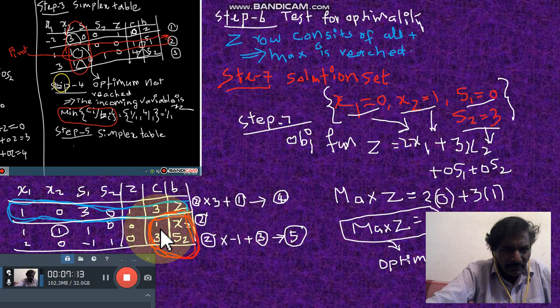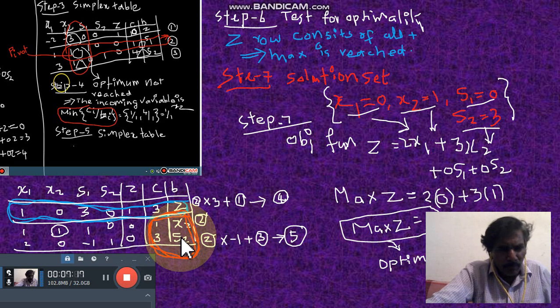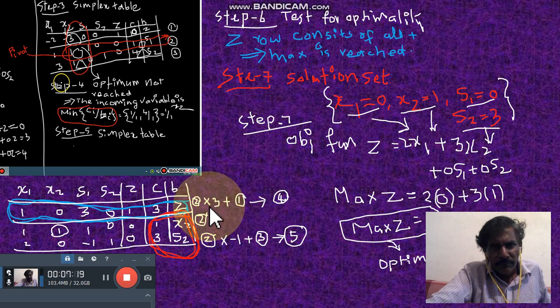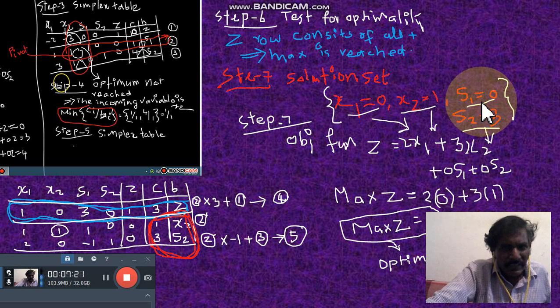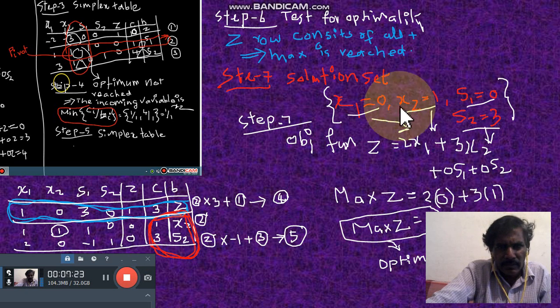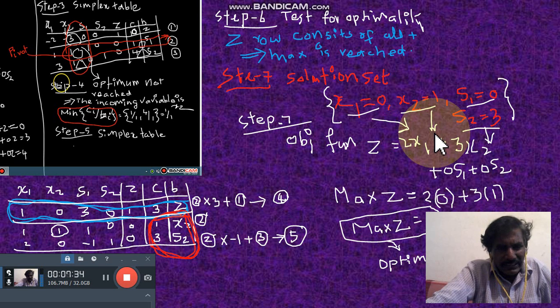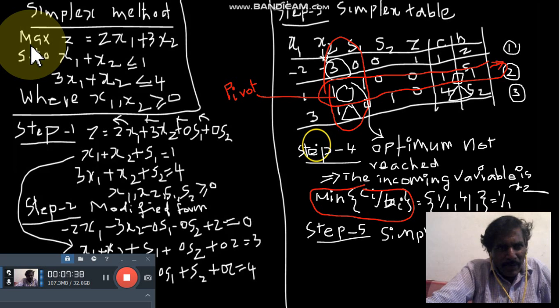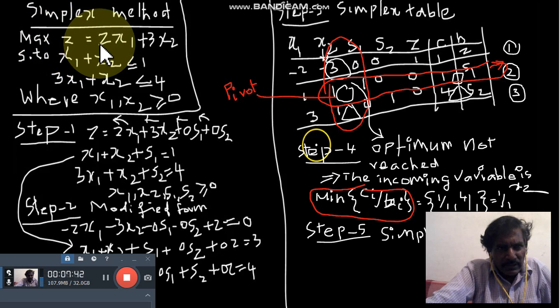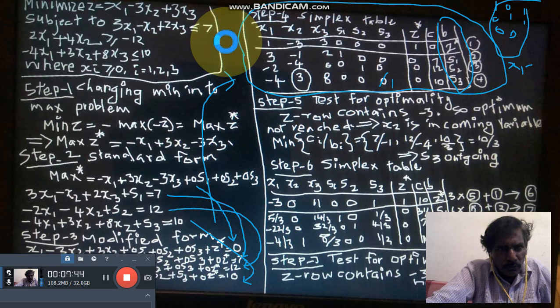It has the value 1. s2 is a basic variable because it has the value 3. s1 is not a basic variable. Its value is 0. So x1 is equal to 0, x2 is equal to 1, s1 is equal to 0, s2 equals 3. Now substituting these values in the original function, we know the original function is maximum z equals 2x1 plus 3x2.